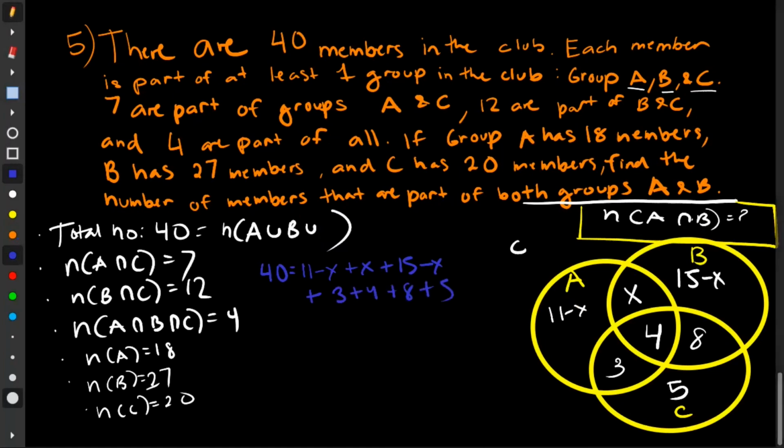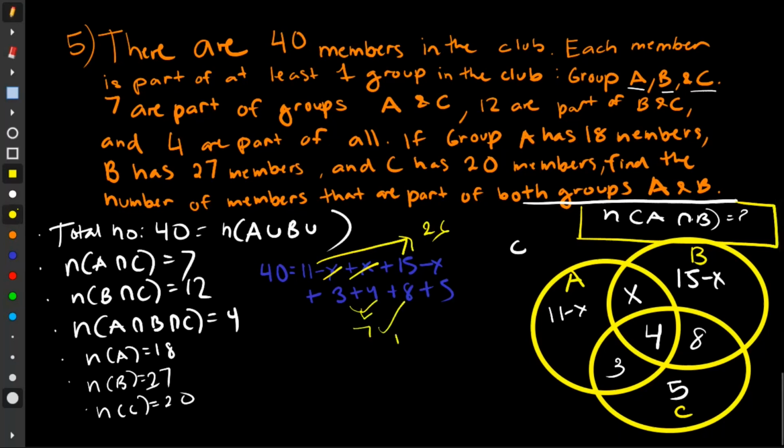So simple algebra, you can do this to solve for X. So first, note that negative X and X here would cancel out. We have 11 plus 15 to be equal to 26. We have 3 plus 4 equals 7 plus 8 give 15 plus 5 give 20. So 20 plus 26 would give 46.